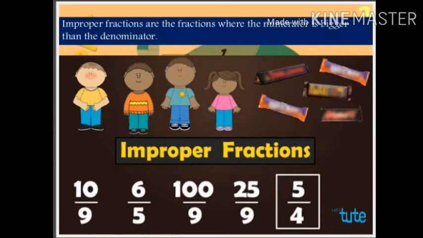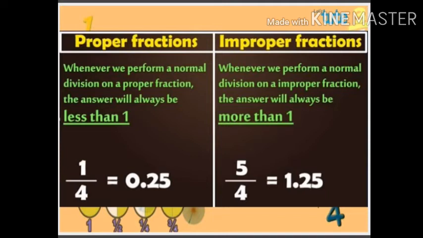Next, the definition of improper fraction. The fractions where the numerator is greater than the denominator are called improper fractions. Example for improper fraction. Next, the difference between proper fraction and improper fraction. Do you know the value of a proper fraction is always less than 1?